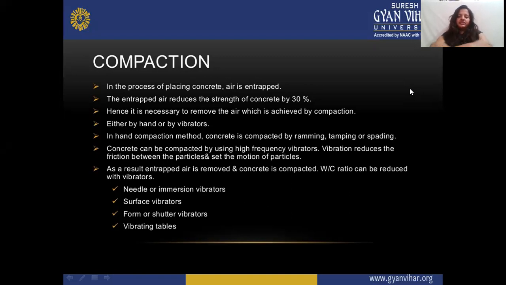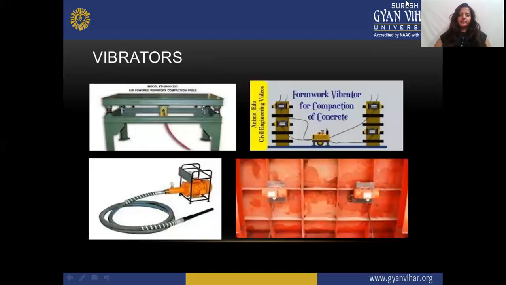There are different types of vibrators used during construction. One is needle or immersion vibrators, surface vibrators, form or shutter vibrators, and vibrating tables. These are some of the vibrators used in the construction process.